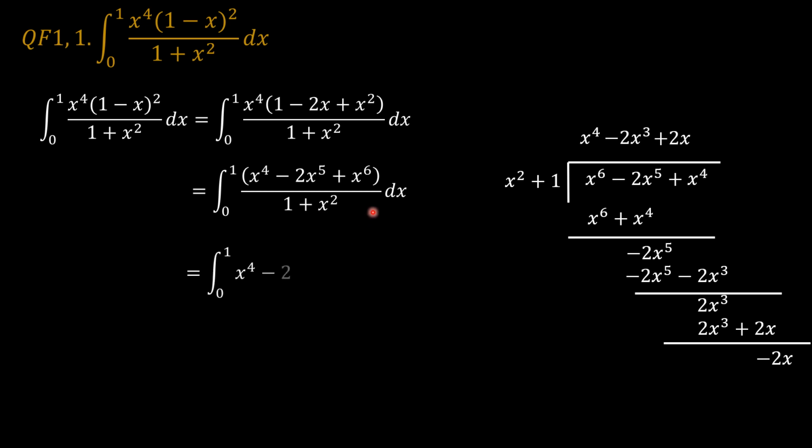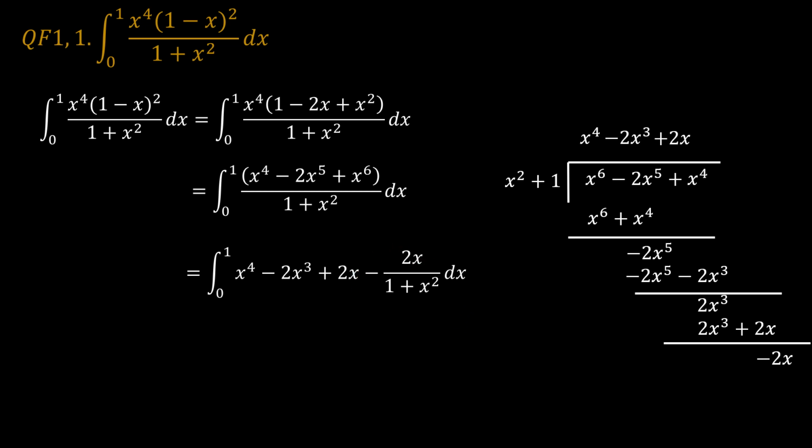So this integral now is the same as the integral of x to the power 4 from here, minus 2x to the power 3 plus 2x minus, this negative sign coming here, 2x over 1 plus x squared. Now this part here can be integrated easily. This part here would require some substitution.